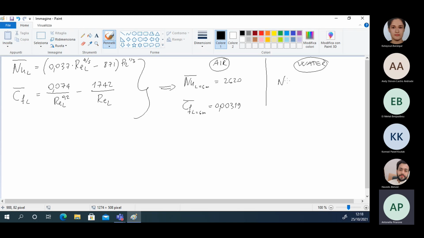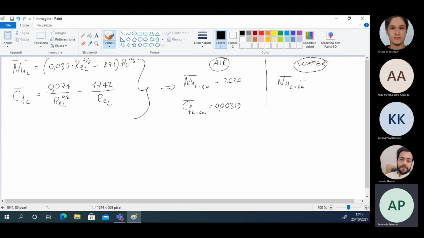For water, this corresponding value will be bigger because we find that for water I have a higher value of pressure drop and transfer rate. 0.00222.